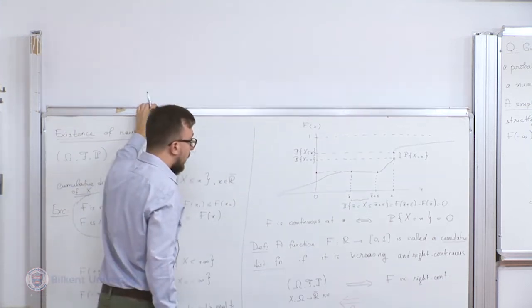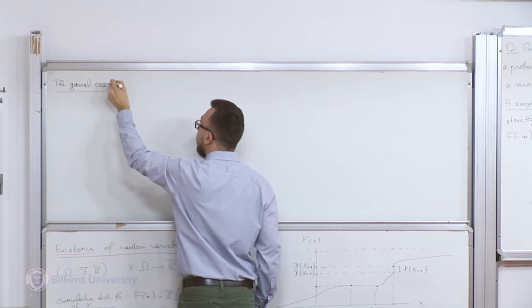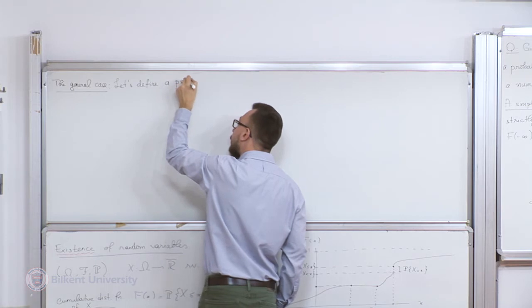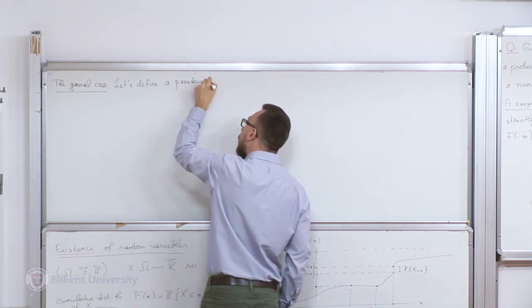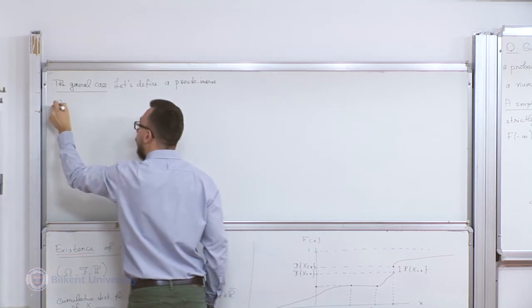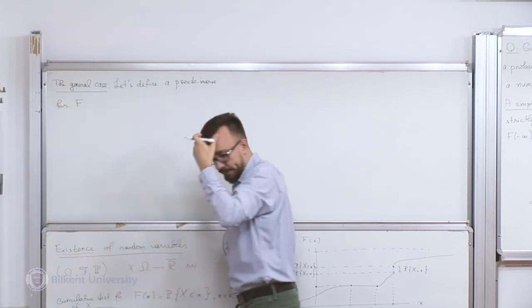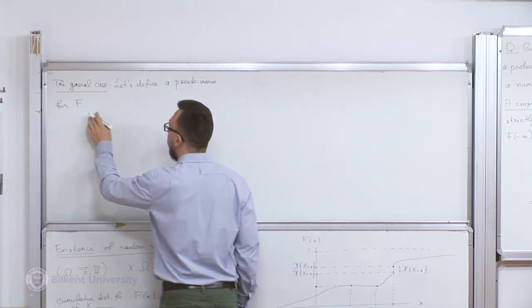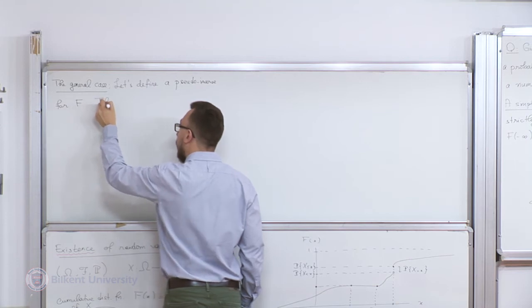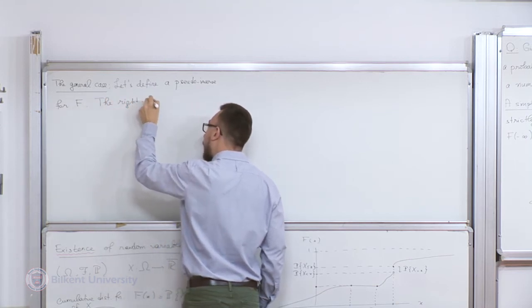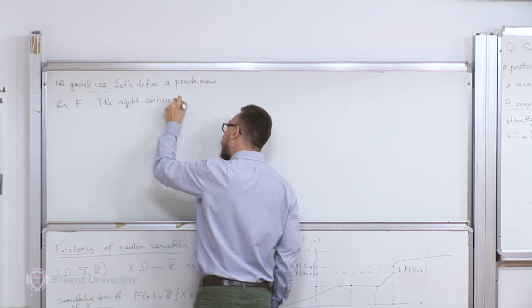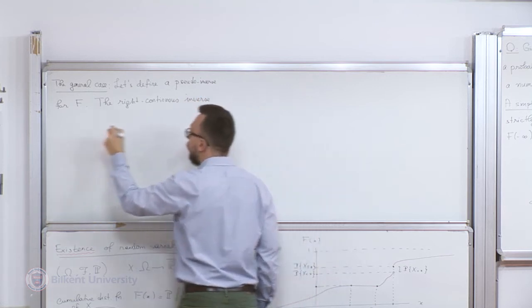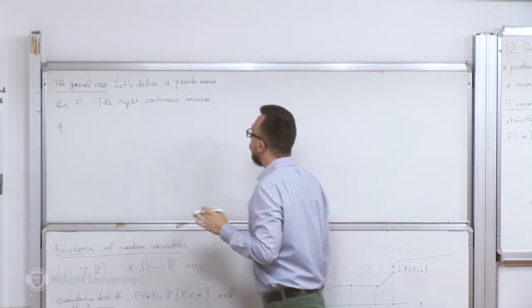And we're going to give the following definition. So let's define a pseudo-inverse for f, okay? And it's going to be the right continuous inverse, Q, and also the quantile.